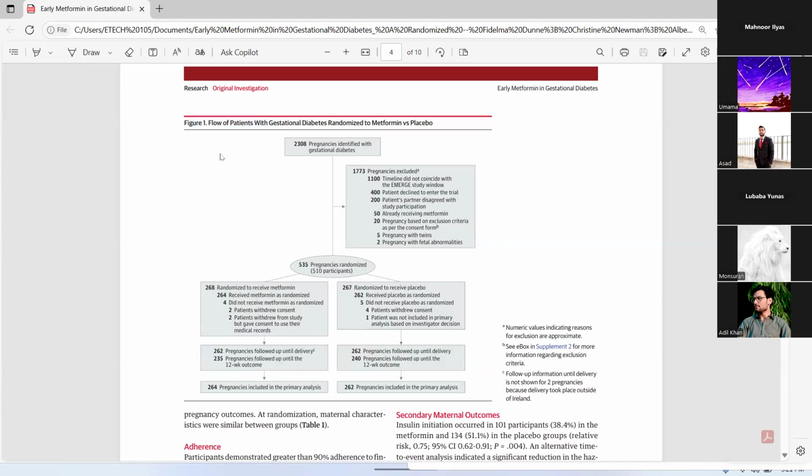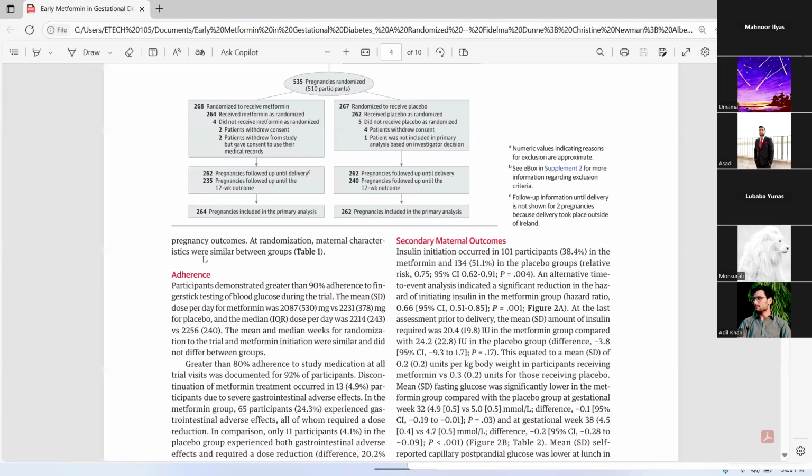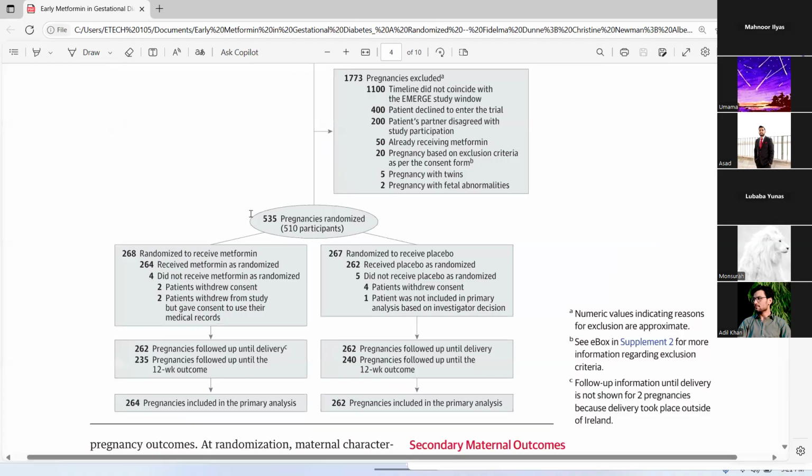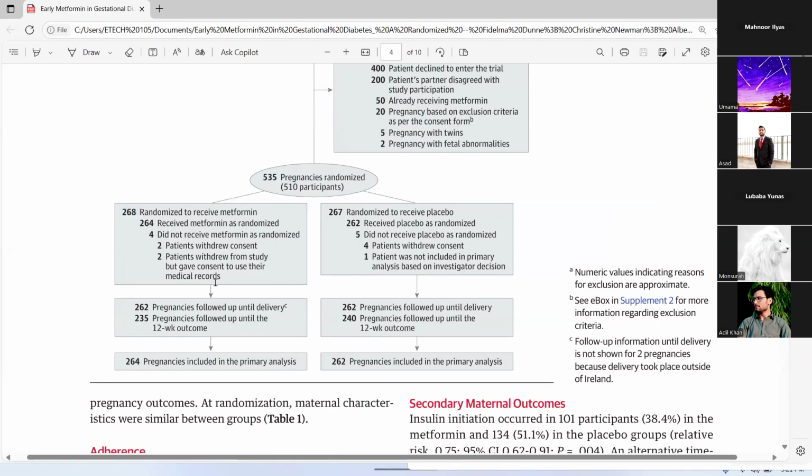We can see from here that we got 535 pregnancies, like 535 patients with gestational diabetes, and 268 received metformin, and 267 received placebo. So it means my intervention is metformin and my control is placebo.